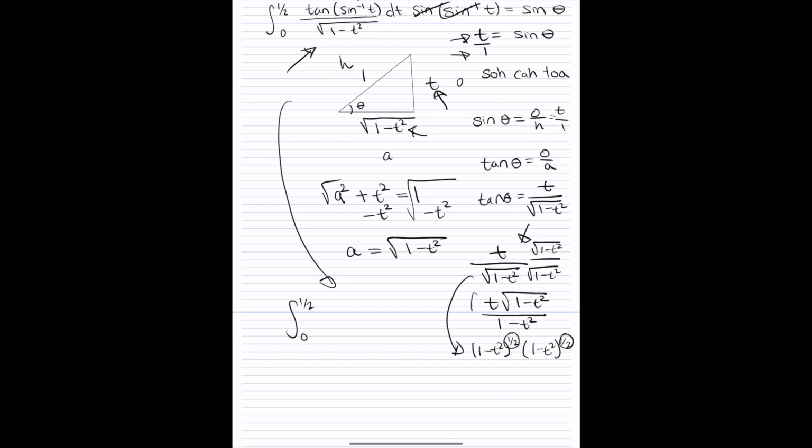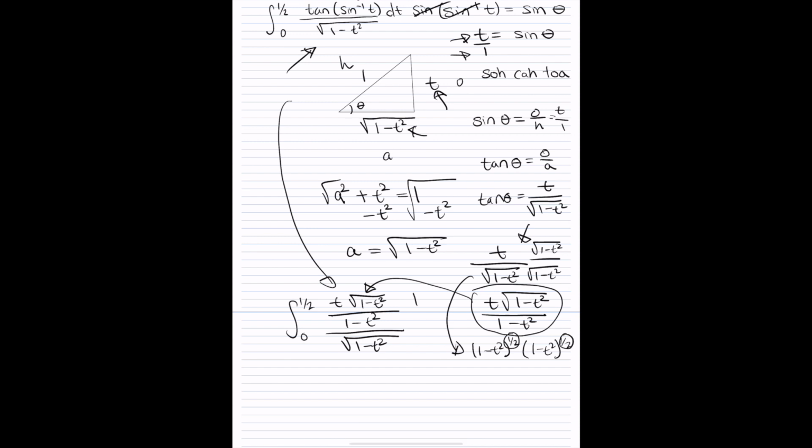And let's go ahead and input this to the original problem. So we got t square root 1 minus t squared over 1 minus t squared, over square root 1 minus t squared. So we're going to do the same thing. We're going to multiply the numerator and denominator with the same value, which is equal to 1. So it equals the same value.